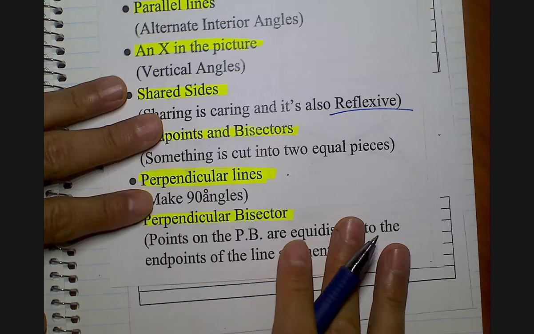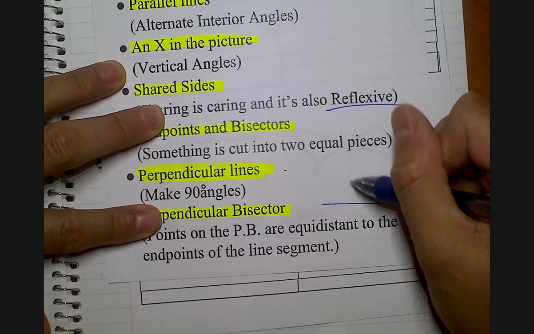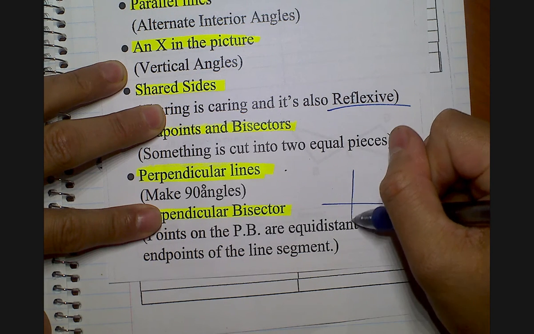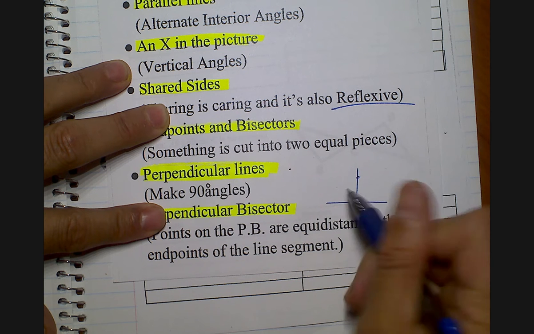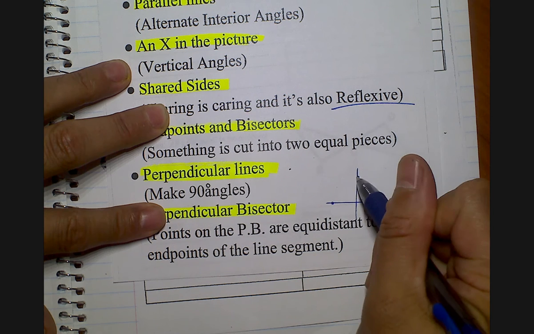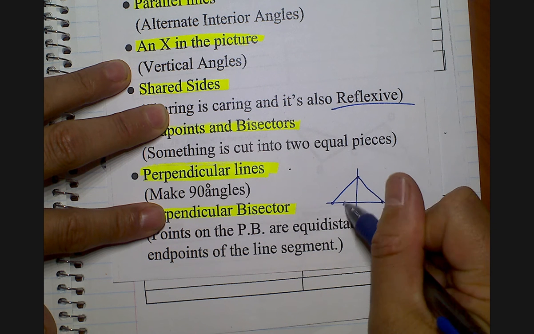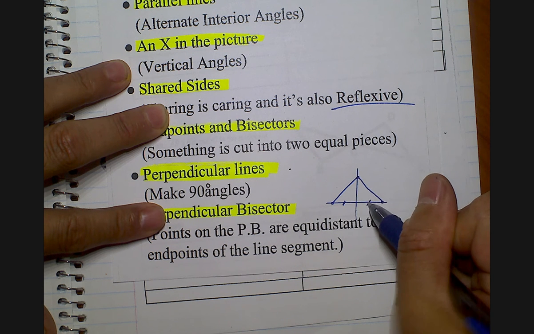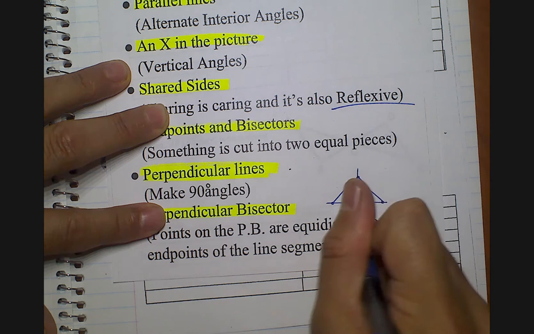So if I have a line, I'm going to draw a perpendicular bisector. From this point, if it is bisecting, that means this one here is congruent to this one here. That's the bisect part.